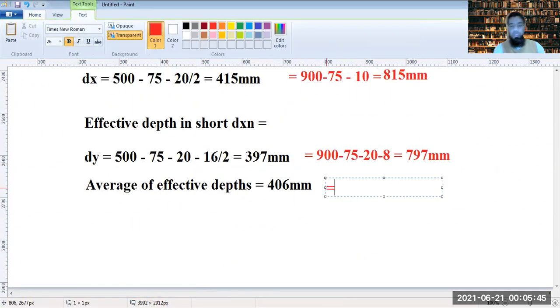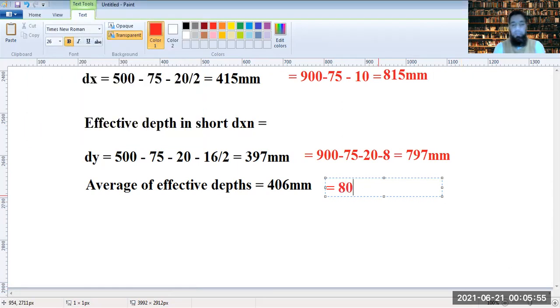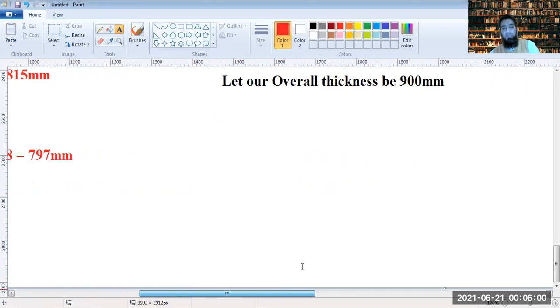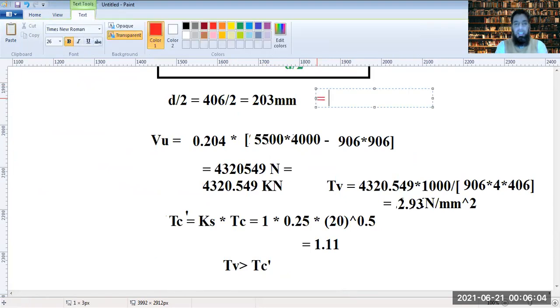Average of the two is how much? 815 plus 797 divided by 2, that's 806. So average is 806 mm. So 806 divided by 2, that's 403 mm.